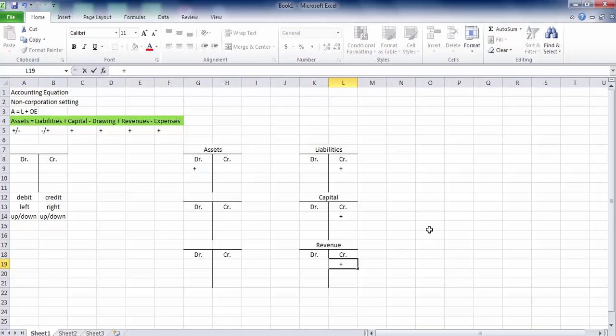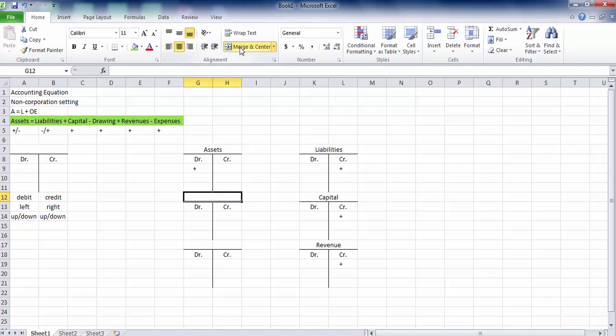So just like liabilities, just like capital, and now revenue, these three categories go up by a credit. So credit means up for liabilities, credit means up for capital, and credit means up for revenue. Okay? And all I did was just use that equal sign. That's it. So now life gets exciting.